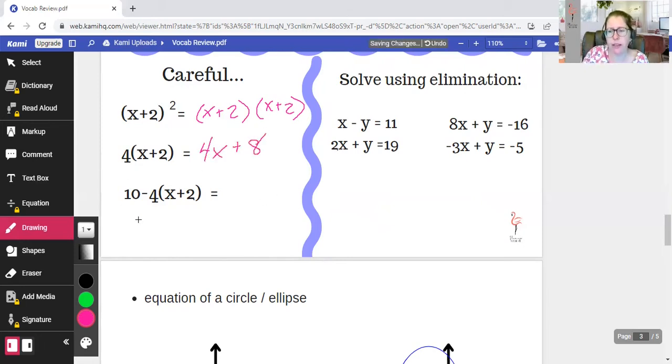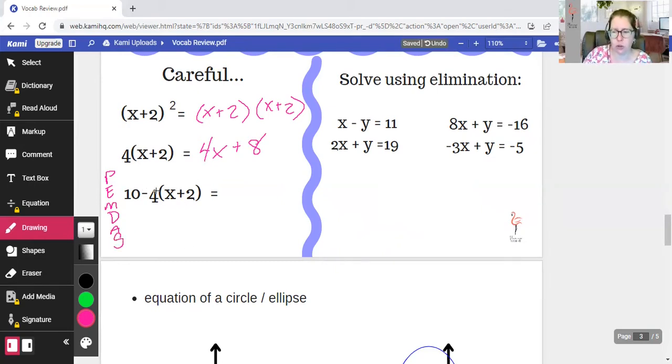And then this next one is interesting to me because I was going for one kind of error, but I actually got 2 kinds of errors that students make. First, some students will try to do 10 minus 4 first. Why can't you do that? Remember PEMDAS? You've got to do your order of operations, and parentheses come first.